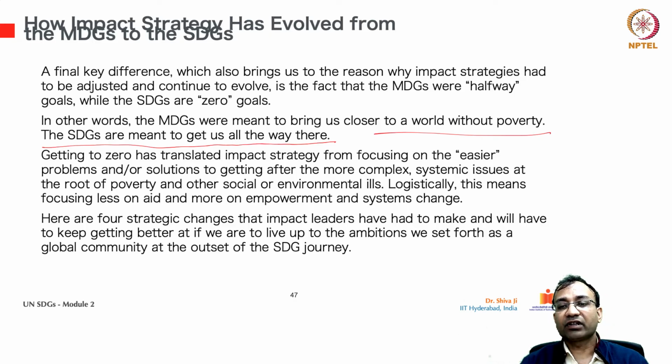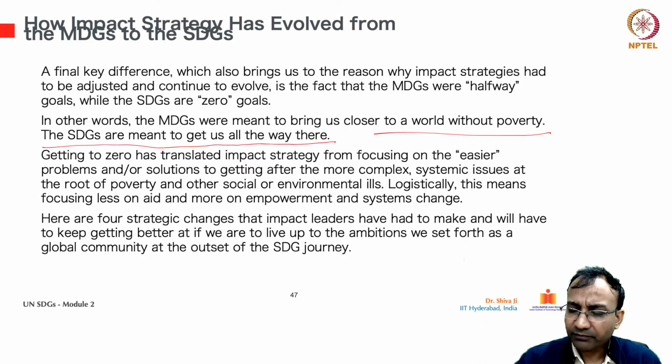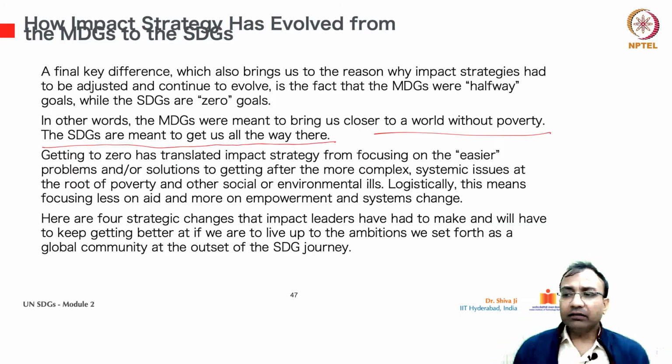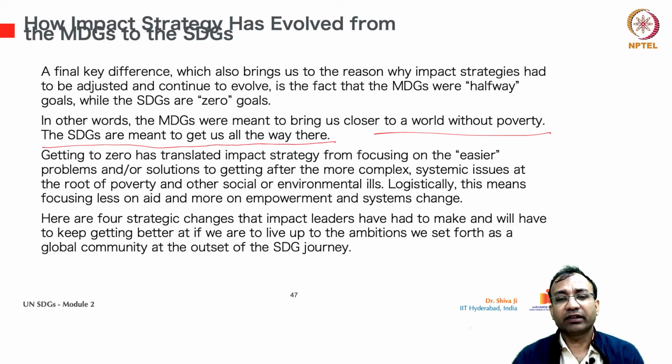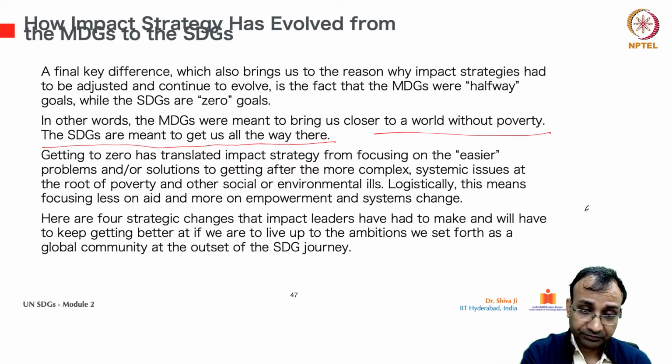Getting to zero has translated the impact strategy from focusing on the easier problems and solutions to getting after the more complex systemic issues at the root of poverty and other social or environmental ills. Logistically, this means focusing less on aid and more on empowerment and systems change.